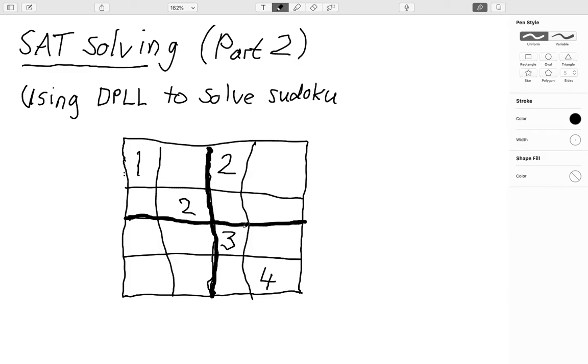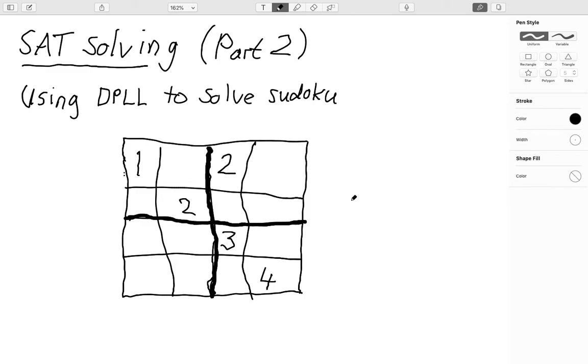And you need to do this in such a way that each row contains exactly one of every number 1, 2, 3, and 4. So no number appears twice in a row. Each column contains exactly one of the numbers 1, 2, 3, and 4 as well. And each of these corner squares, so these 2 by 2 squares at the corners, also contains exactly one of the numbers 1, 2, 3, and 4.